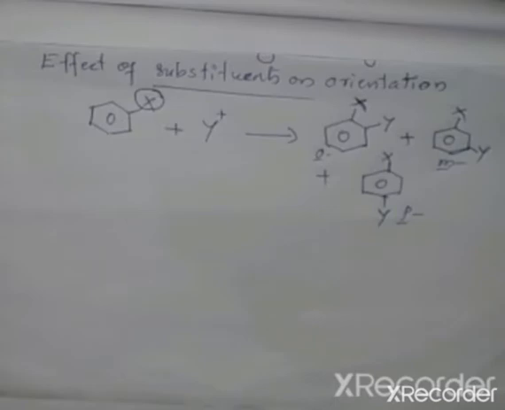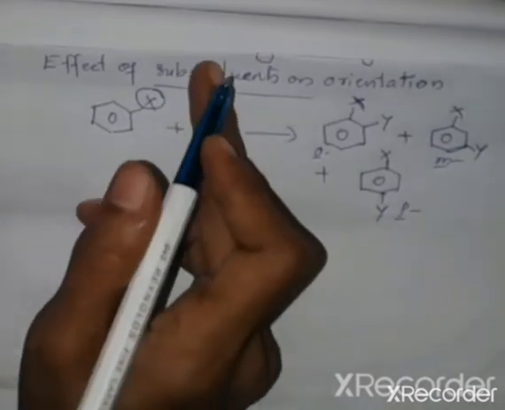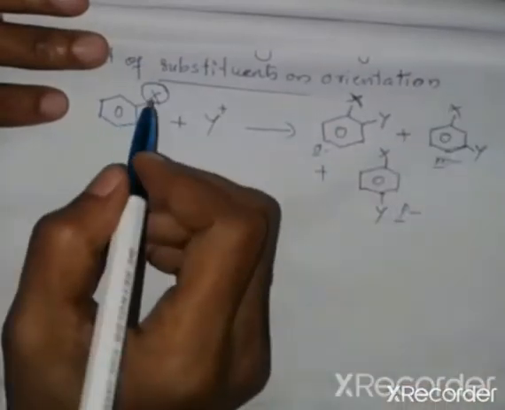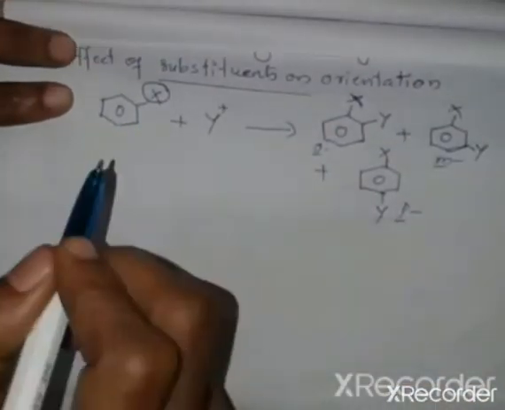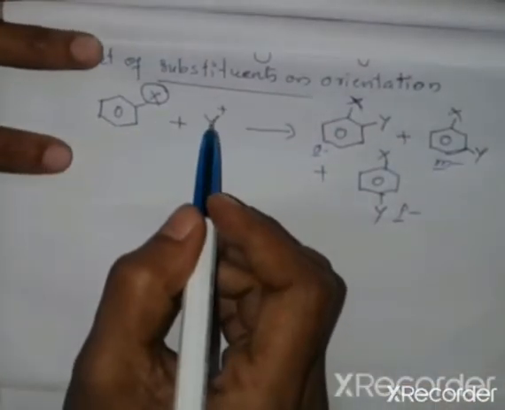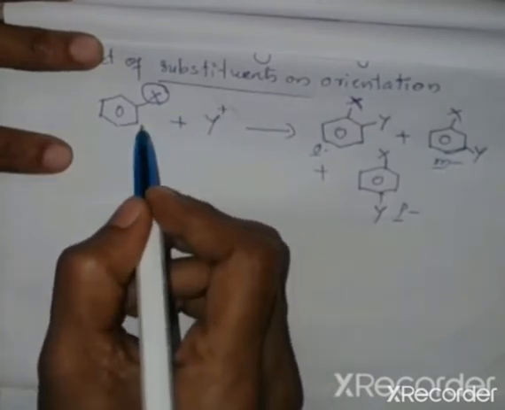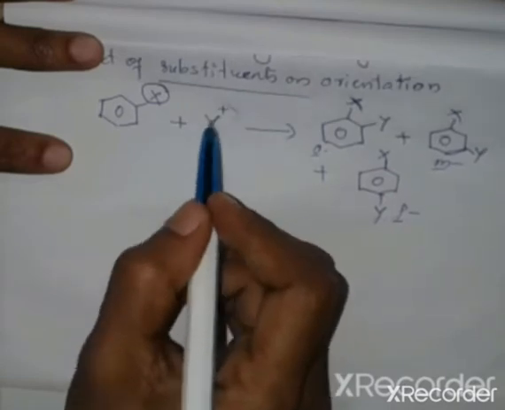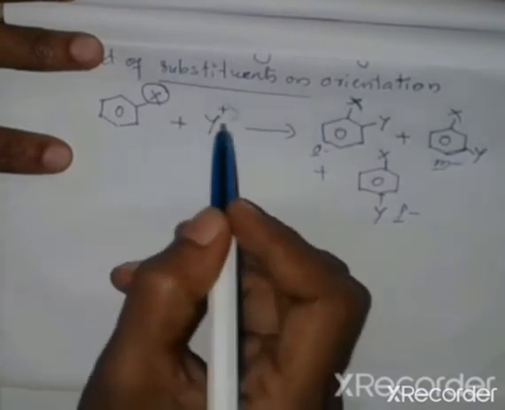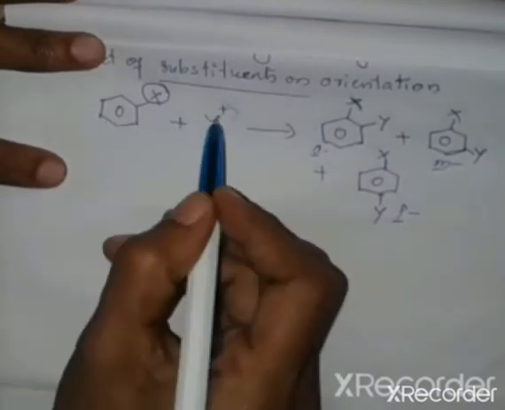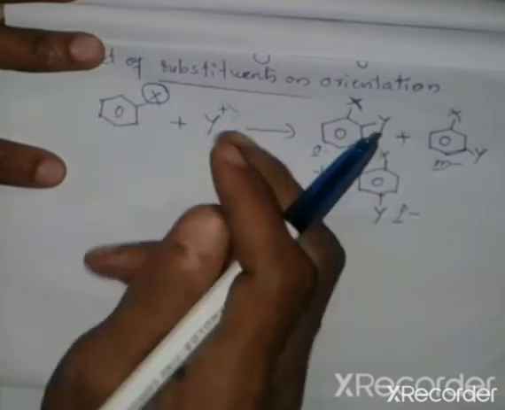That means the existing group, the group already present in the benzene ring, determines the position at which the incoming electrophile attacks, whether it attacks the ortho position, the meta position, or the para position.